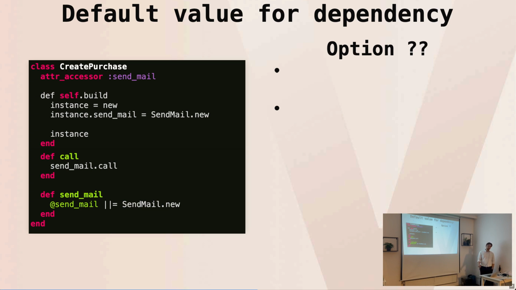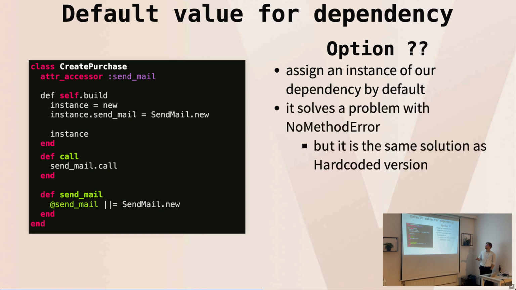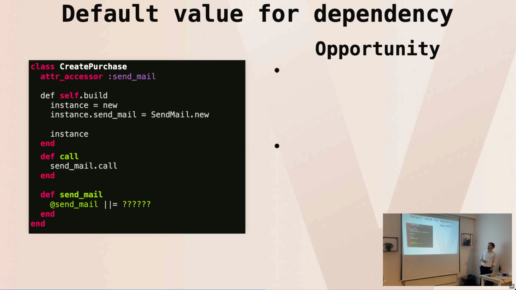This will for sure solve the problem with the no method error. And if we put our dependency instance here, okay, it will solve the problem of the no method error, but this is the same solution that we had at the very beginning. It's still hard-coded. So we come back to the point where we started, so it's not a good option. The same issues that we had previously.